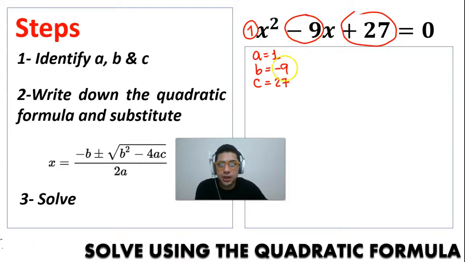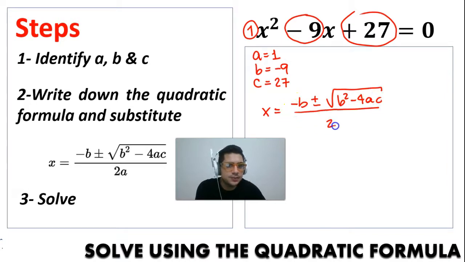Now, in order to solve this equation by using the quadratic formula, we have to write it down. So x is going to be minus b plus or minus the square root of b squared minus 4 times a times c, and that is going to be divided by 2 times a. And we're just going to substitute.